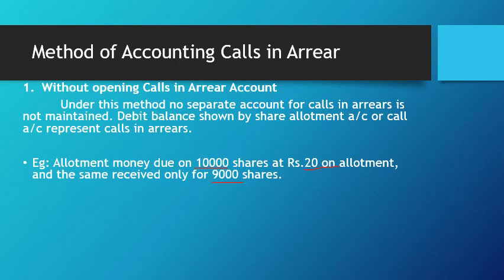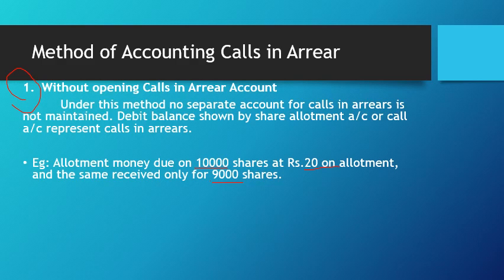So in that case, let's discuss how it can be treated under this first method, without opening calls in arrears account. Just think about the journal entry. How can we record this? First, allotment money due on 10,000 shares.